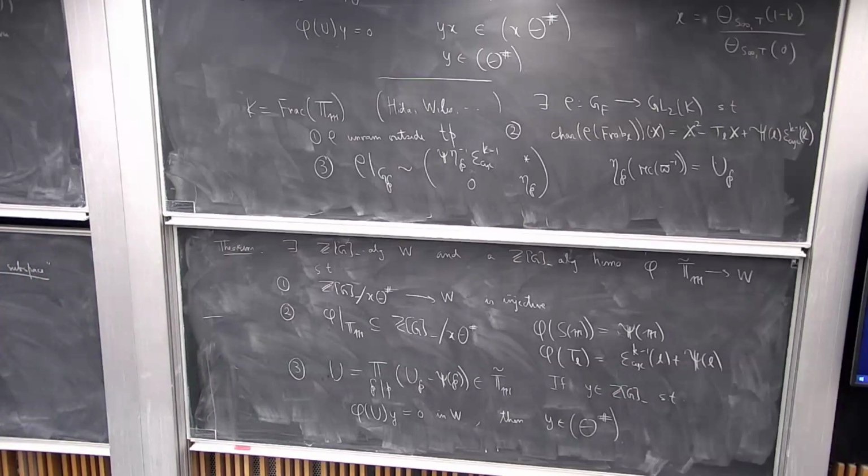For every P, there exists a change of basis matrix AP, BP, CP, and DP, such that A sigma, B sigma, C sigma, D sigma times MP is MP times that particular thing, for all sigma in G sub P: epsilon cyclotomic to the k minus 1, eta P inverse, psi star 0, eta P applied to sigma.